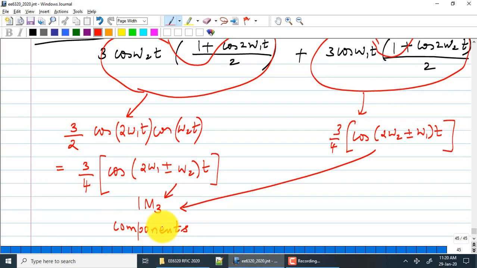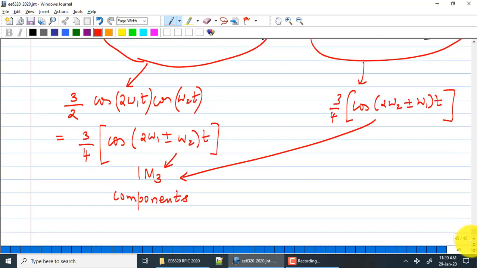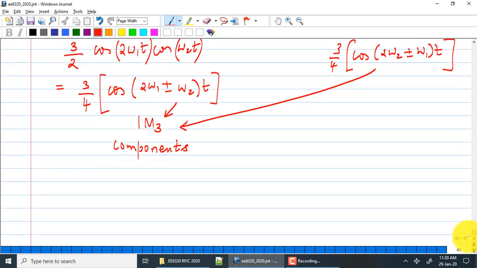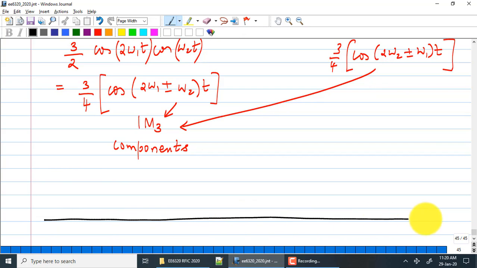Okay. So now we have identified for this weakly nonlinear system all components of the output. If I were to look at the output y of t, let's start from one by one. You'll get a DC component. Let's ignore that for now.